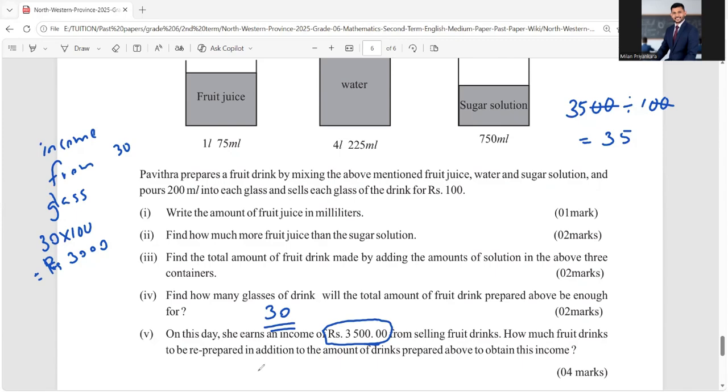Then how much fruit drink to be prepared in addition to the amounts of drink prepared above to obtain this income? That means you need to see how much more drink she made. Actually, she has made 35 glasses, right? Then we need to find the amount of fruit drink she made on this particular day.